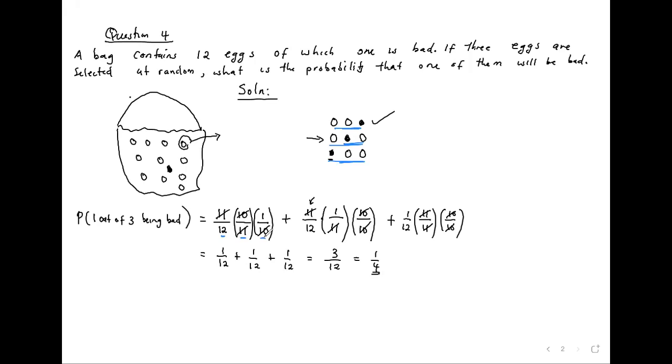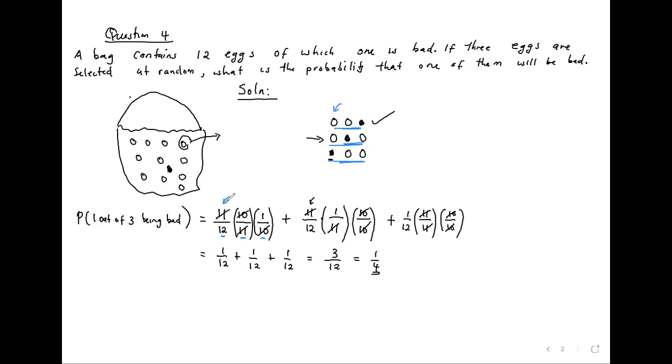The numbers on top: we have 11 eggs that are not bad, since we are told 12 eggs are in the bag and 1 is bad, meaning 11 are not bad. So if the first time you go to select an egg, you select one which is not bad, you have 11 chances of getting an egg which is not bad because there are 11 eggs which are not bad. That's why we have 11 in the first spot.